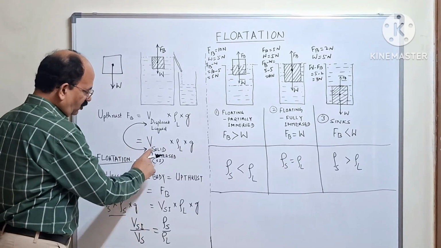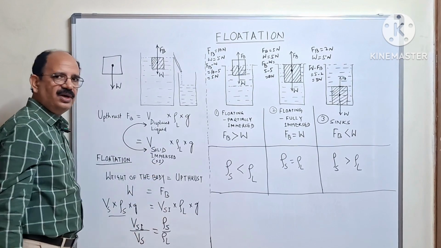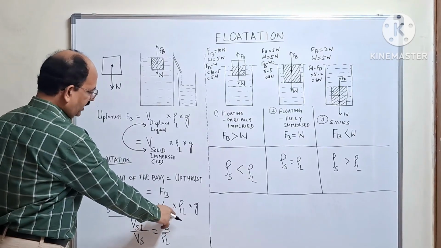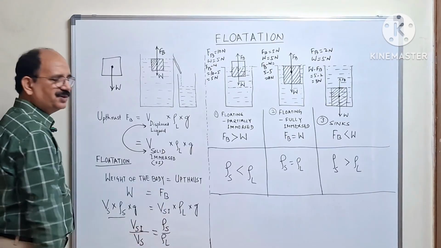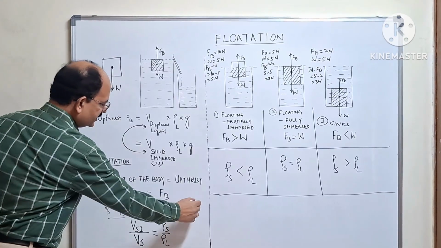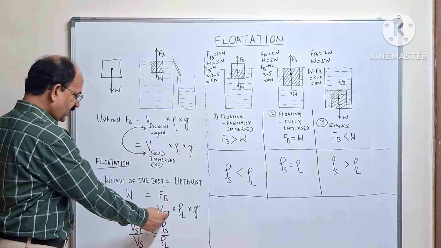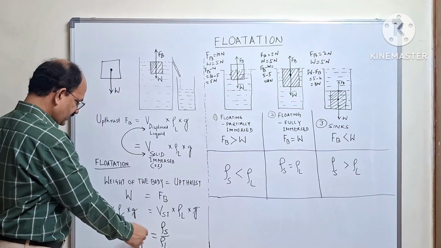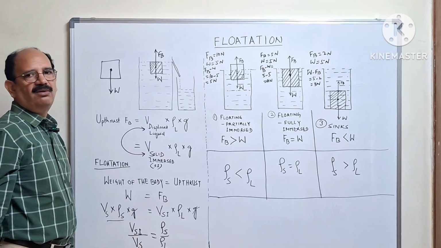So that will be the volume of the solid immersed, in short written Vsi, multiplied by the density of the liquid, rho L, multiplied with the acceleration due to gravity. Now this g and g cancels. And then you can write Vsi divided by Vs is equal to rho s upon rho of liquid.